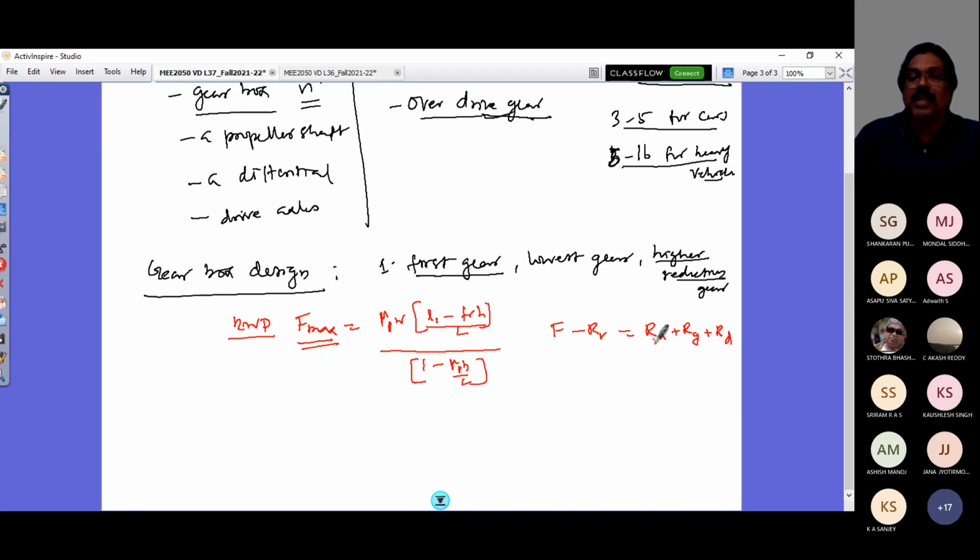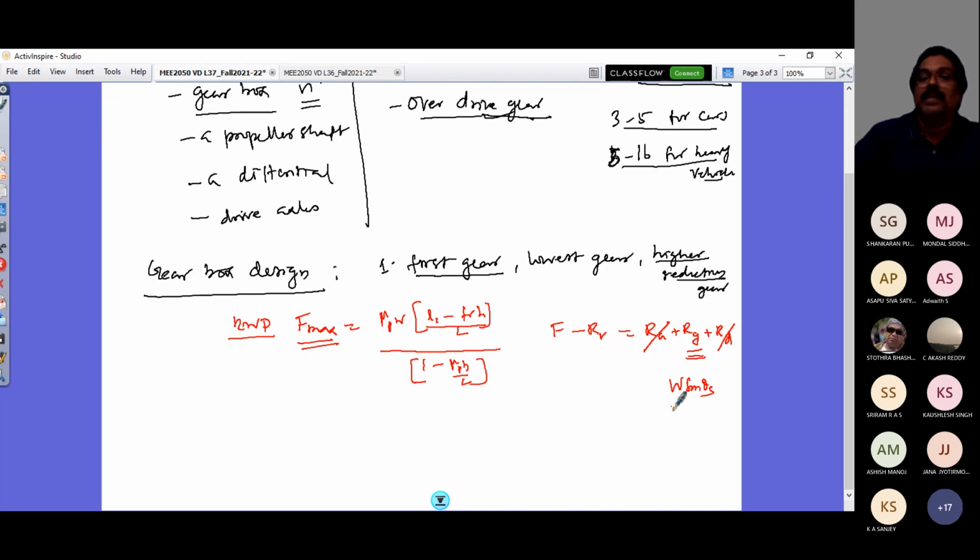As I consider the vehicle in the smallest gear, generally we take the vehicle on a slope with the smallest gear to provide maximum tractive effort, and the speed is very small, so I can neglect the aerodynamic resistance. For a passenger car I also neglect the drawbar pull, so only the grade resistance remains: W sin θs is the grade resistance.